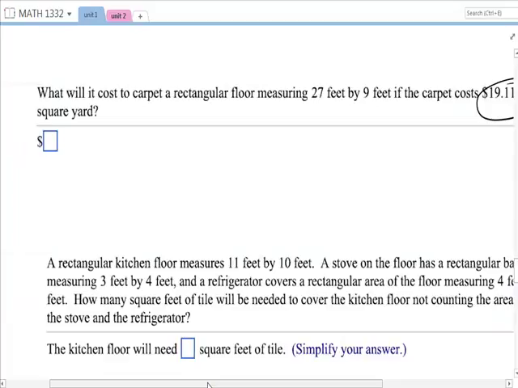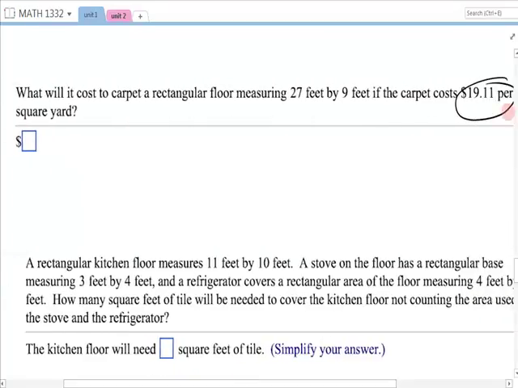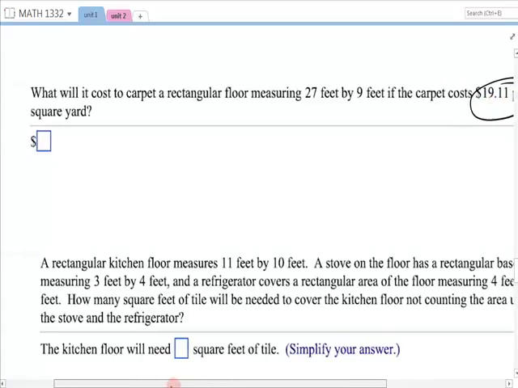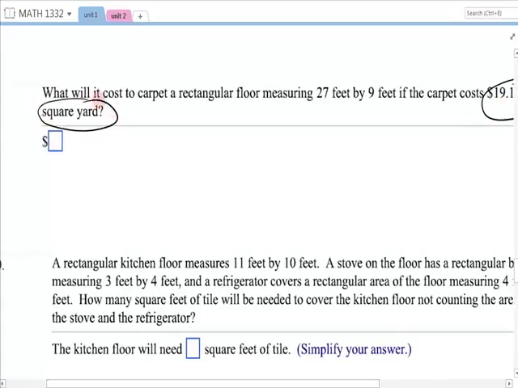Uh-oh. I read that. I finished it on my own without reading the actual words. It is $19.11 per square yard. Oops. We didn't measure our room in square yards, did we?